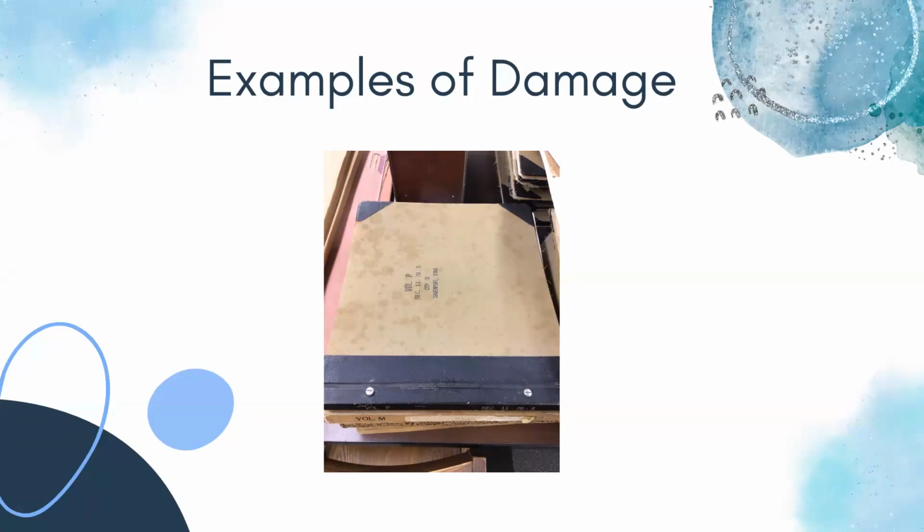So that's really unfortunate. In the photo that we have here, that was from our New Year's incident. So we have some spotting, water damage on this volume. And so you can see where it dried quickly. We have a book with some mold on it. We've had materials that have fallen into water, where some of the materials we were able to salvage and get them in front of fans and spread out in our spaces.